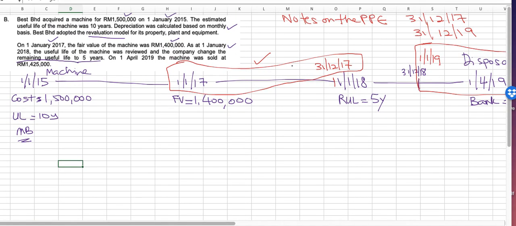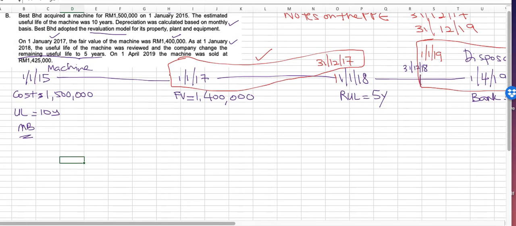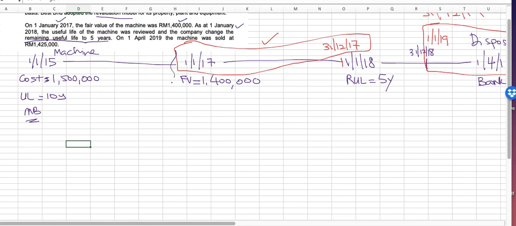This is 31st December 17 and you have to show this in the notes to the account. So what is the balance BD for this year? Okay, what is the balance BD? Okay, just conteng nanti. Okay, what's the balance BD for the cost and for the accumulated depreciation? So balance BD must always come from the previous year.